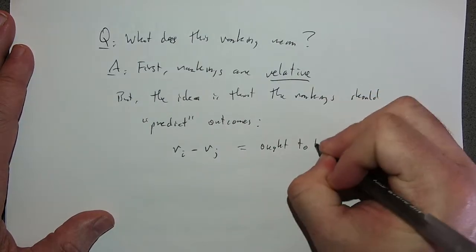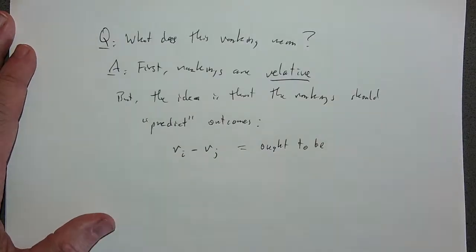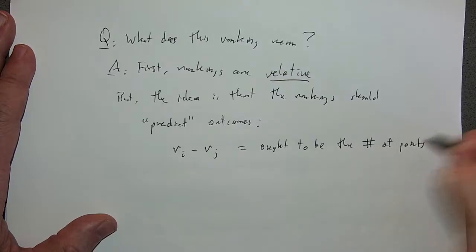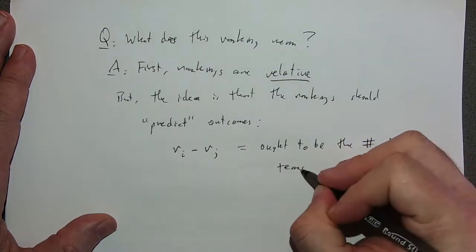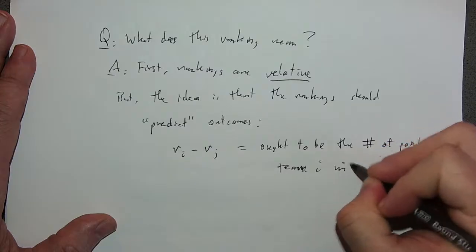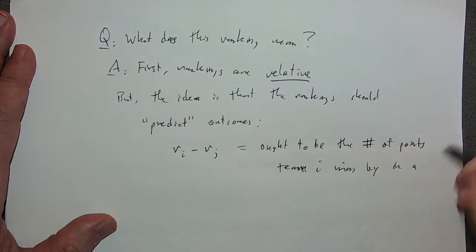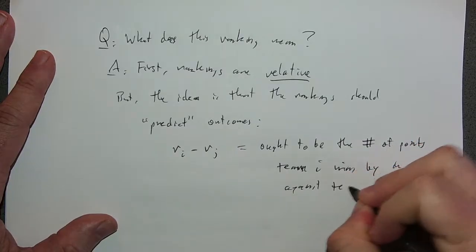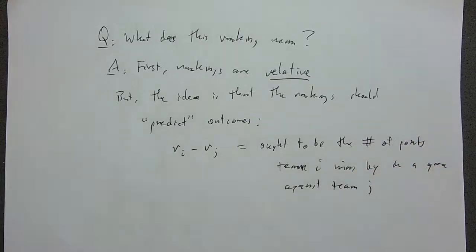This ought to be the number of points Team i wins by in a game against Team j. Now remember, losses are tracked here using negative numbers, so winning by -5 is the same thing as losing by 5 points.